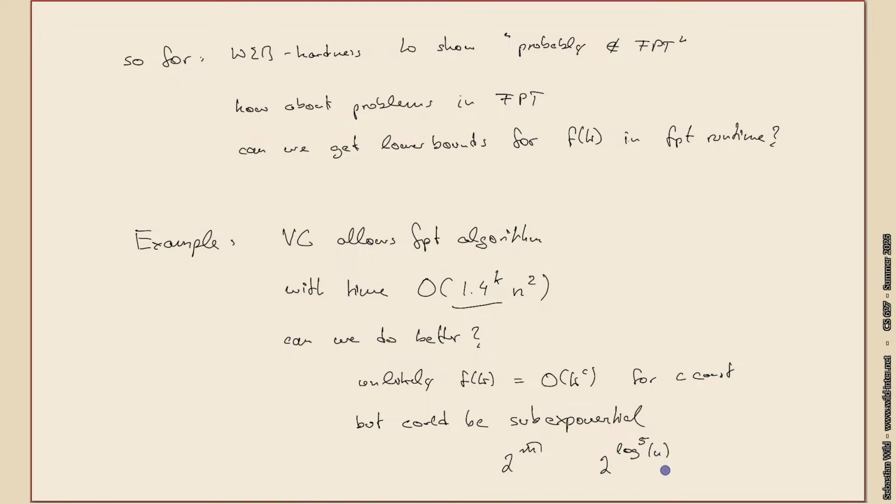Say 2 to the log to the 5 n, which is essentially the same as n to the log to the 4 n. These are all running times, I guess I should have said k here instead of n, as a function in n. These are all super polynomial, sub-exponential. And it's not clear if you can improve this to sub-exponential from what we've seen so far. All we have are upper bounds on this, and we have no lower bound for vertex cover beyond probably not polynomial.